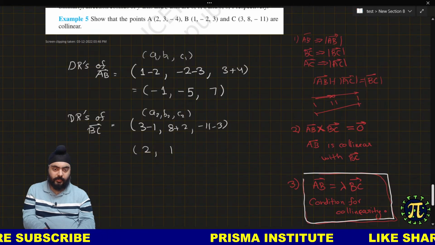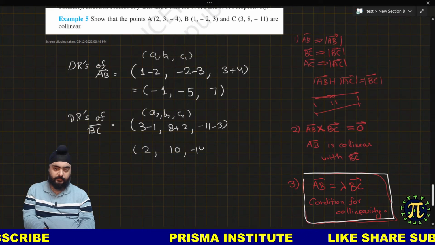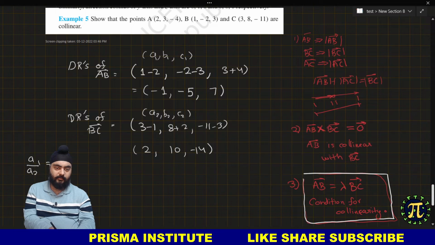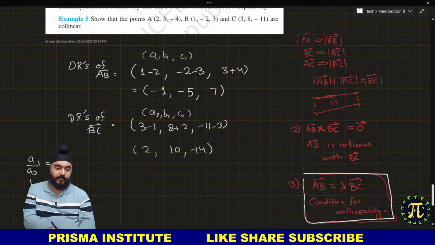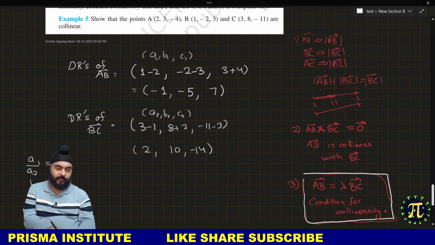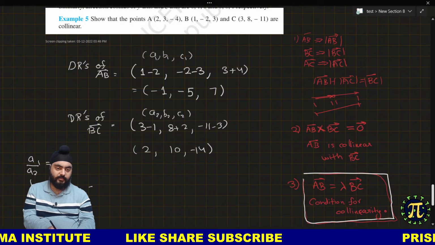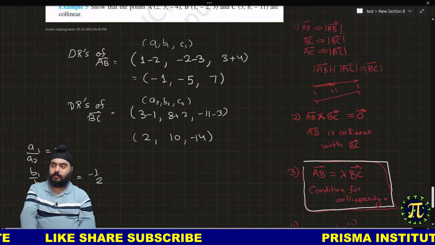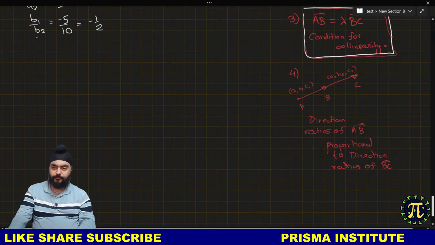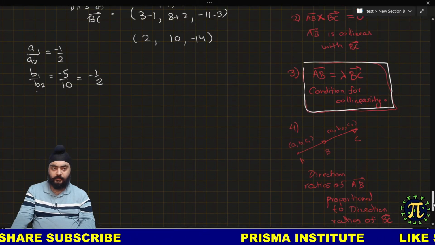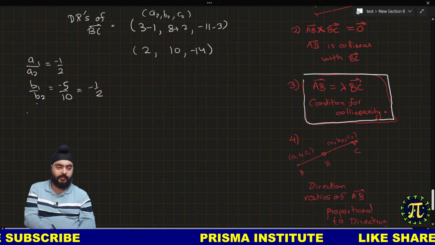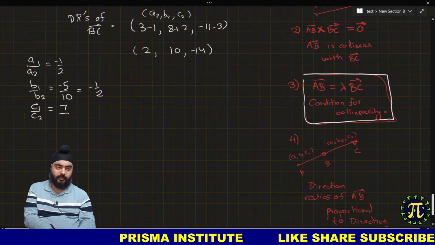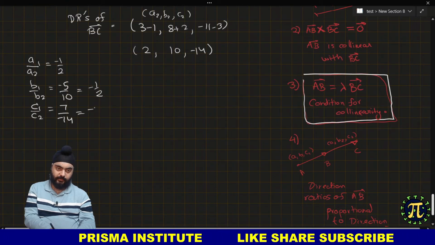so these are A1 B1 C1, and these are A2 B2 C2. So 2 comma 10 comma minus 14. We can find A1 by A2, which comes to minus 1 by 2. We can find B1 by B2, which is minus 5 by 10, also minus 1 by 2. And we can also find C1 by C2, which is 7 by minus 14, also minus 1 by 2.